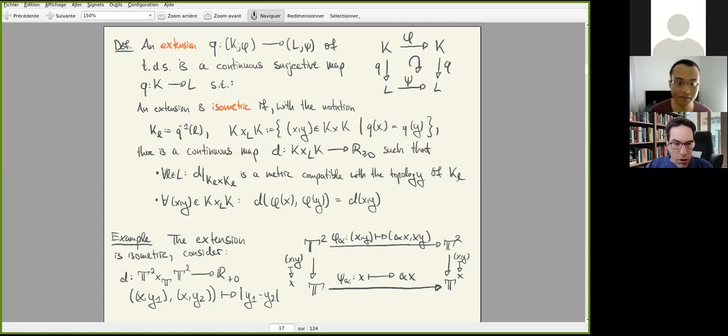So the metric is not globally defined. It's only defined on this fiber product, so it's kind of hidden here in the index. It's really just a fiber-wise metric. You could also say you have a family of metrics. For each fiber, you have one metric and then a continuity condition. It's equivalent.